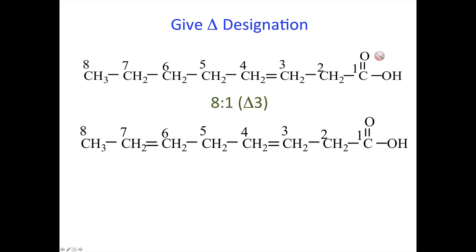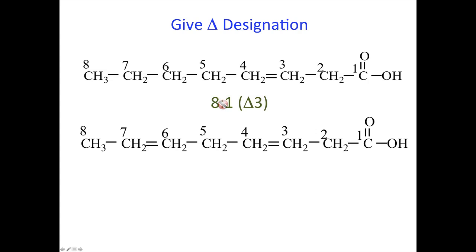So the carbon on the carboxyl end will be carbon 1, and you keep numbering as you go down. So it's 1, 2, 3, and as you see, there are 8 carbon atoms. So this 8 represents the number of carbon atoms present in the fatty acid. So in the one above here, we have, and it's numbered, 8 carbon atoms.